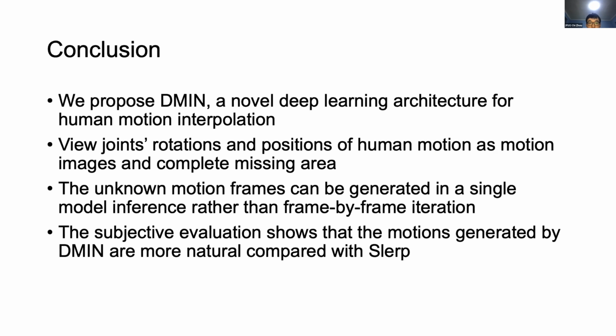The unknown motion frames can be generated in a single model inference rather than frame by frame iteration. And the subjective evaluation shows that the motion generated by our network is more natural compared with the SLURP method. So that's all. Thank you for watching.